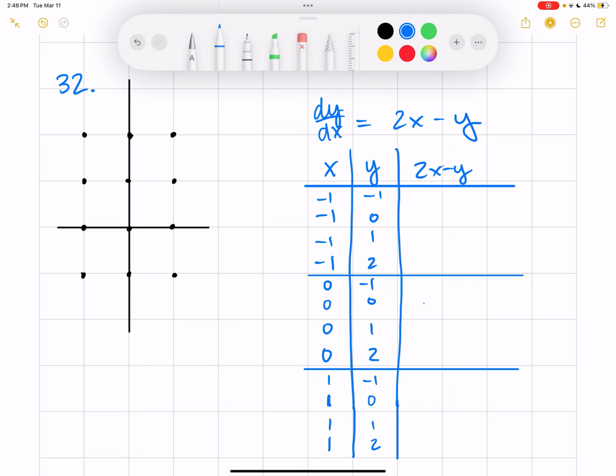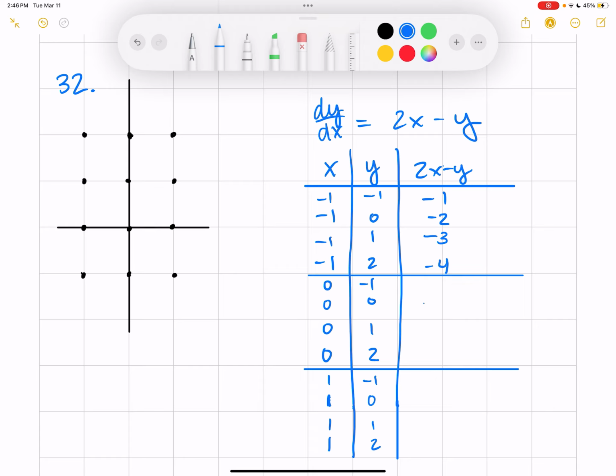So 2 times -1 is -2, plus 1 is -1. This is -2, -3, -4.